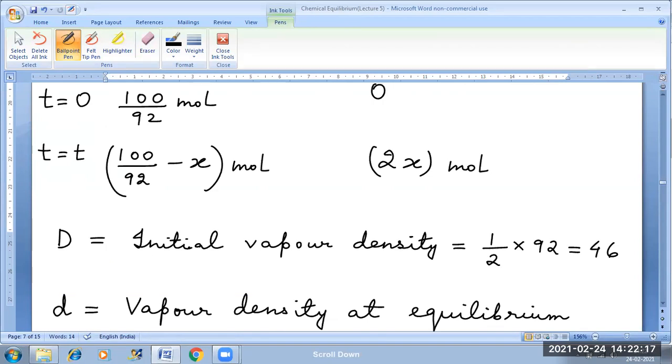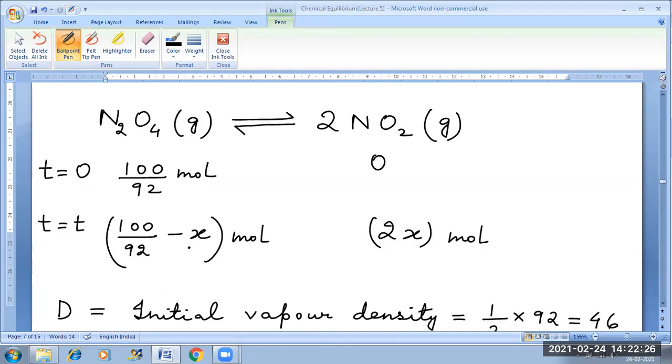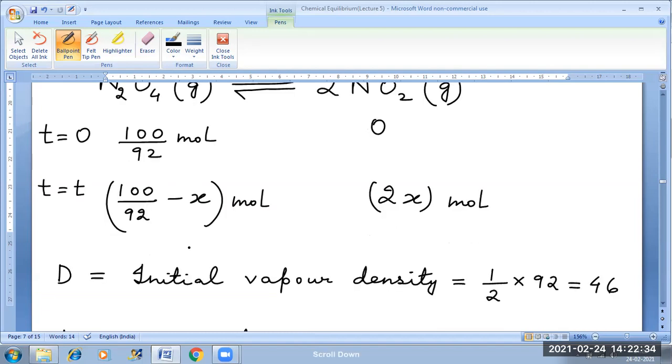Now what is the initial vapor density? It is capital T. How will you find that? That is half of the molar mass, of only A, that is, the reactant. N2O4 is our reactant. The molar mass of N2O4 is 92. Half of it is 46.